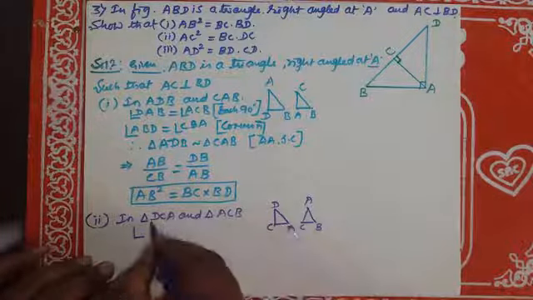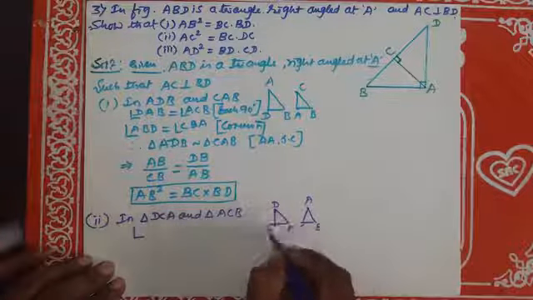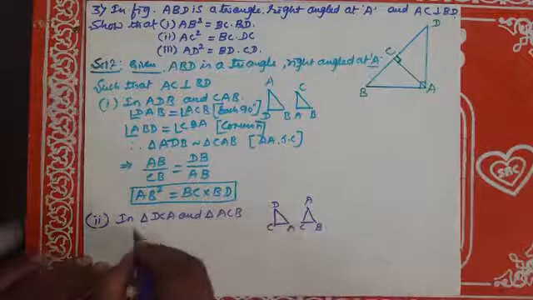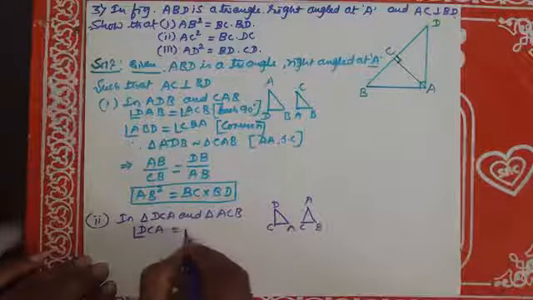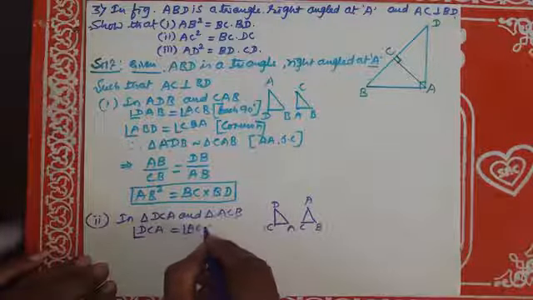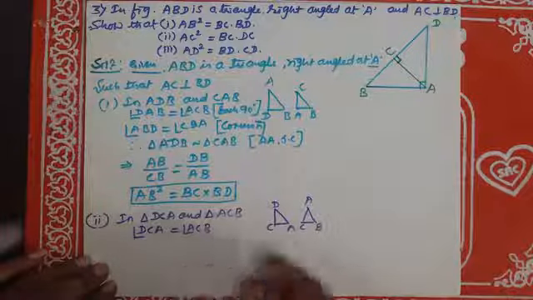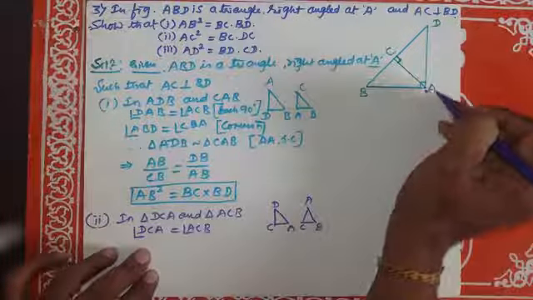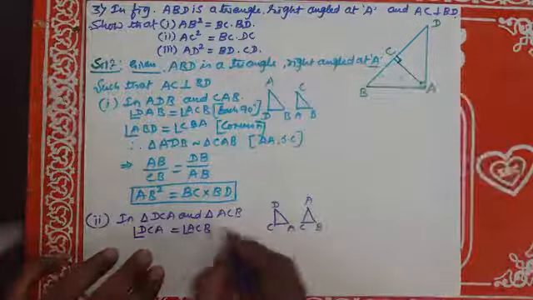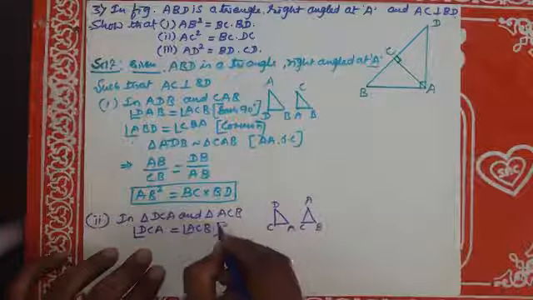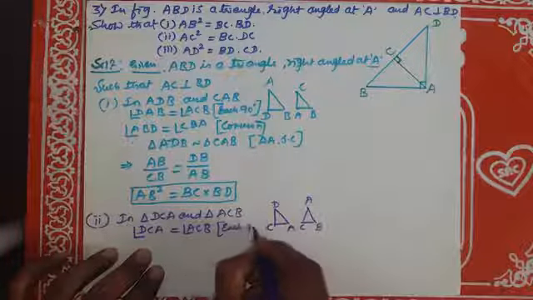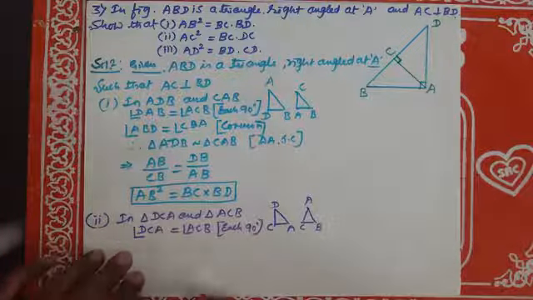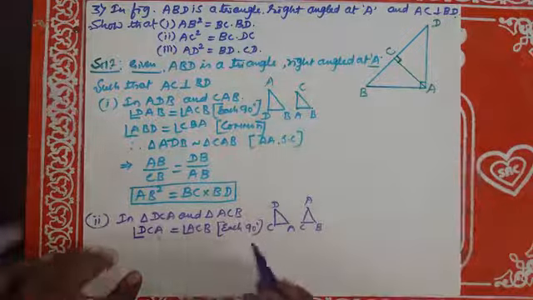Angle DCA is equal to angle ACB. Look at this: DCA and ACB, each 90 degrees. Angle C is also common.